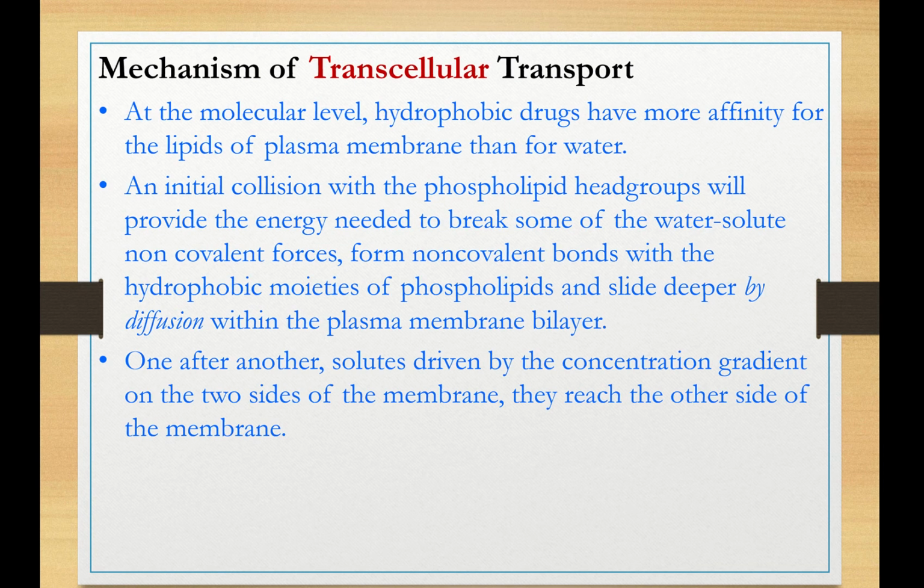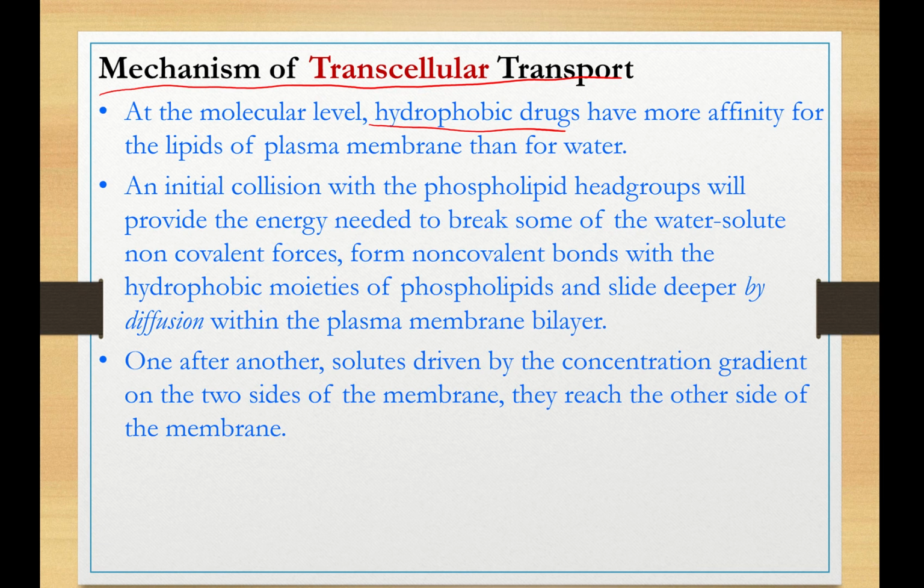So here is a brief description of the mechanism of transcellular transport at the molecular level, and it's not very different from dissolution. So essentially there must be a chemical interaction between the drug, the hydrophobic drug, and the plasma membrane.